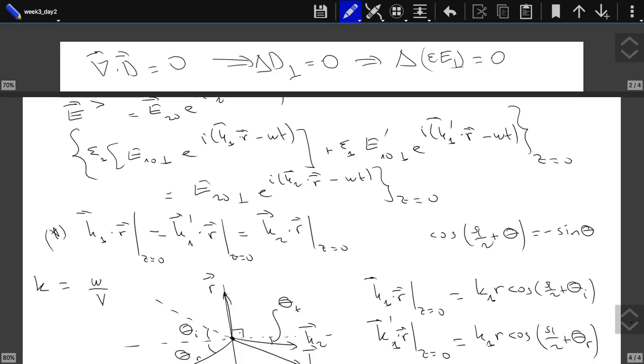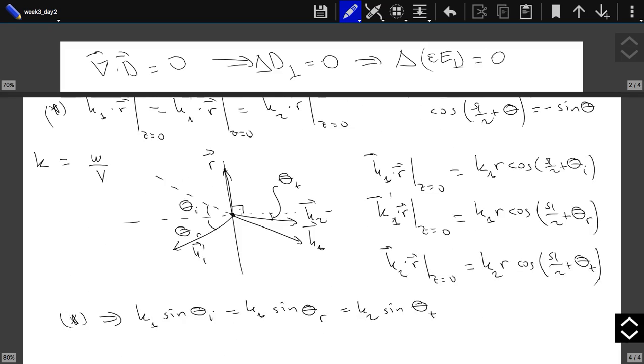Just to show these vectors in a clearer way, I chose my coordinate axis. I had already said that the plane was the z equals 0 plane, so my origin should be some point on the surface. Let's say this is my point on the surface, which is the origin. These are my k1, k1 prime, and k2 vectors, and this is some arbitrary point on the surface.